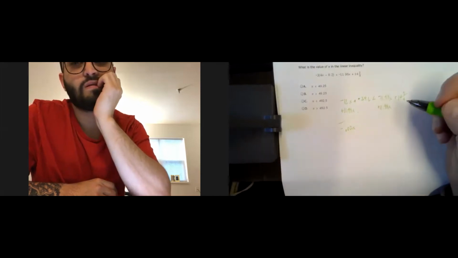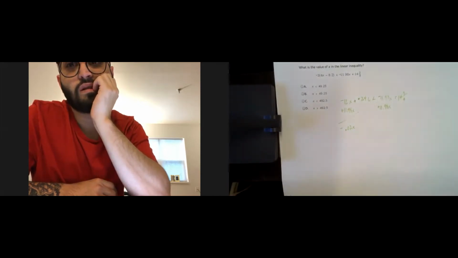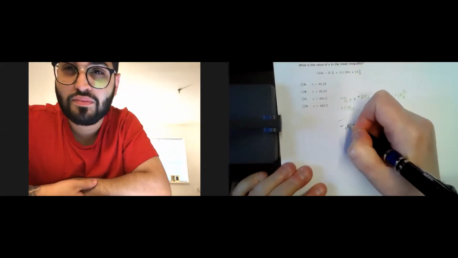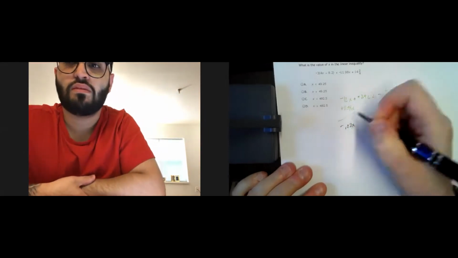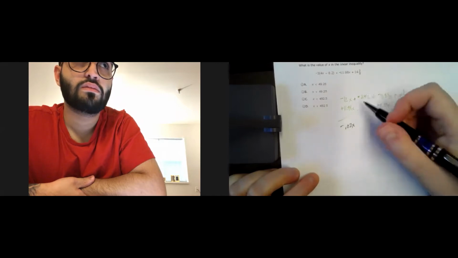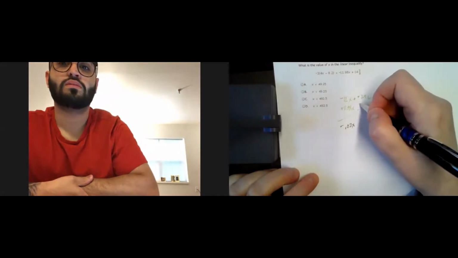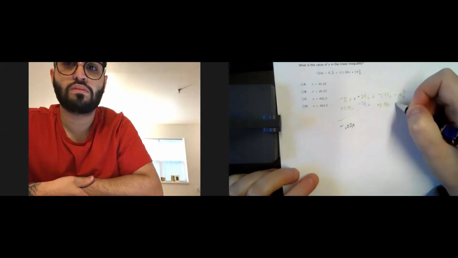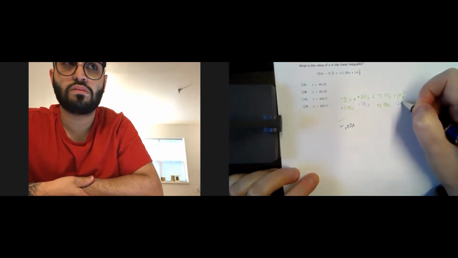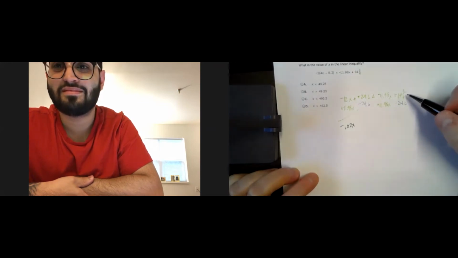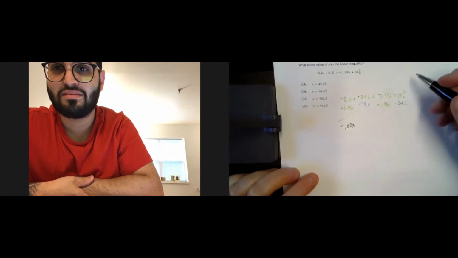Oh, that's hard to see. And then we're going to get rid of this 24.6 on both sides, negative 24.6. And 3/4, if you turn it into a decimal, is 0.75.